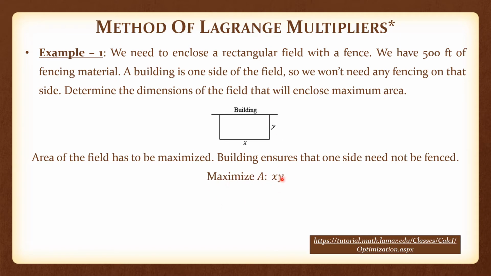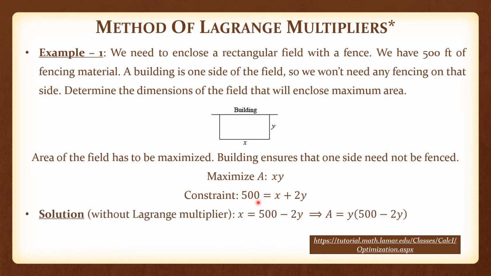Maximize A, which is xy, subject to the constraint that the total length of the fence should be 500 feet. That's all the fencing material you have. So you only have one x, you don't have the other x because there is a building. So x plus 2y is 500.